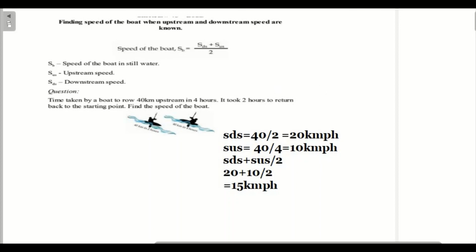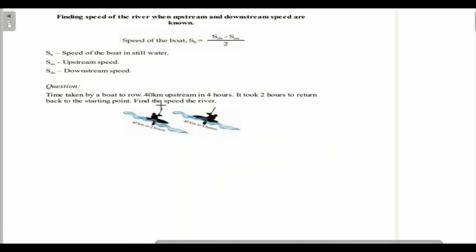For finding the speed of the boat, we add the values of speed. For finding the speed of the river, we have to subtract. Okay, so we have to substitute the values as I said earlier.